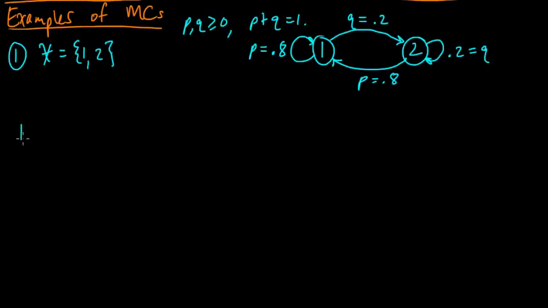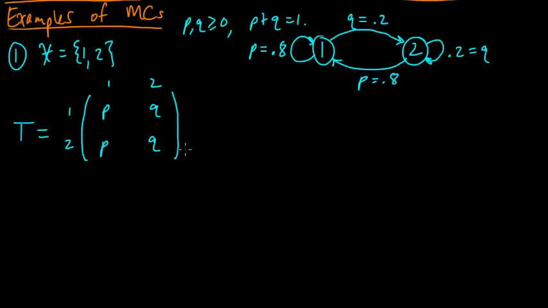So what's the transition matrix? Let's write it down. I'll annotate the rows and columns so we can mentally keep track of what's going on. The first entry is the probability of going from 1 to 1. That's P. Then the probability of 1 to 2 is Q. The probability of going from 2 to 1 is P, and 2 to 2 is Q. So we have our nice simple little transition matrix here.